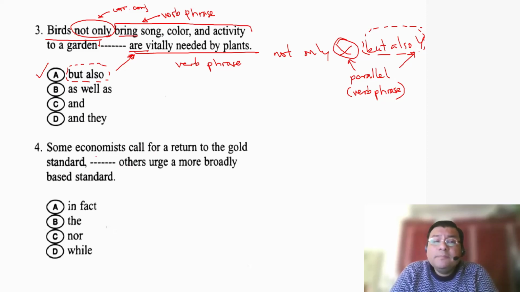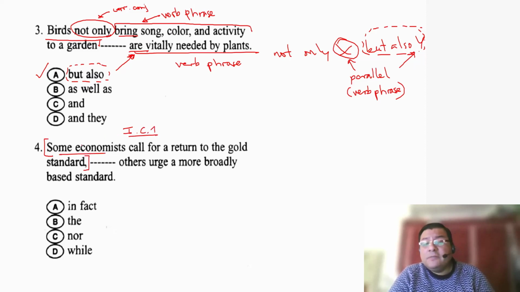Let's try number 4. Some economists call for a return to the gold standard, comma. So what does this comma mean here? We have some economists, a subject, call for, a conjugated verb, and then we have a comma, right? So this is the end of some independent clause. What is supposed to follow an independent clause?